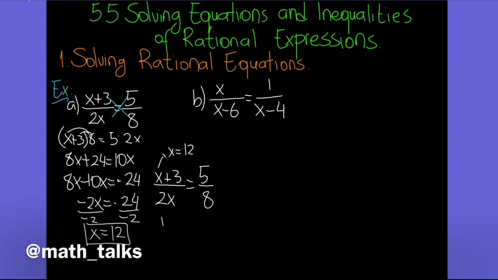So 12 plus 3 is 15 over 2 multiplied by 12, which is 24. Is it equal to 5 over 8? When you simplify by 3, you get 5 over 8. 5 over 8 equals 5 over 8 is satisfied, so that's true. You can say your solution set is 12.